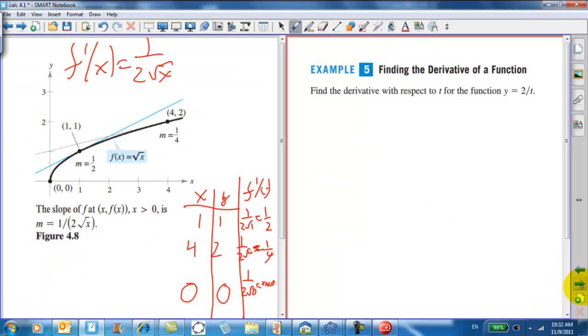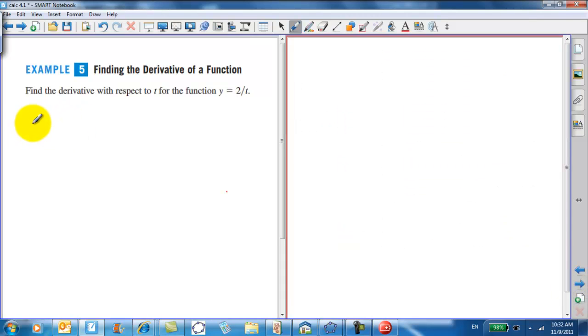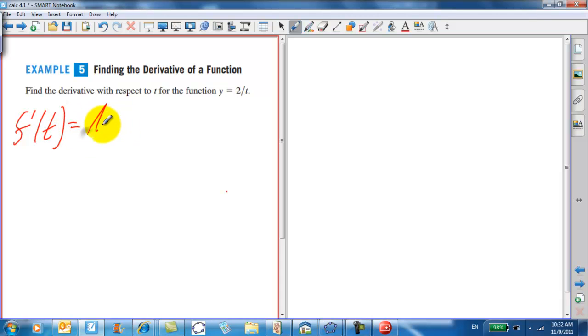Okay, find the derivative with respect to t. What happens if we change the variable names on this? So we're going to need a lot of work space here. So the derivative f prime of t, just have to use a different variable now. The limit as h goes to 0 of f of t plus h minus f of t all over h.